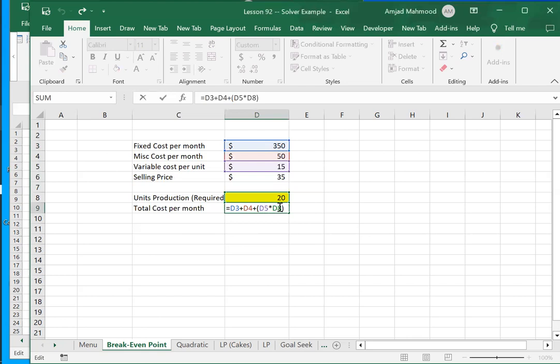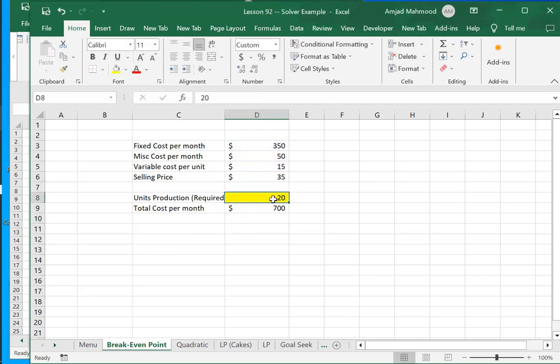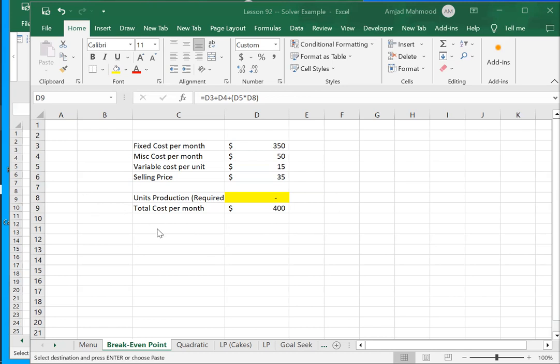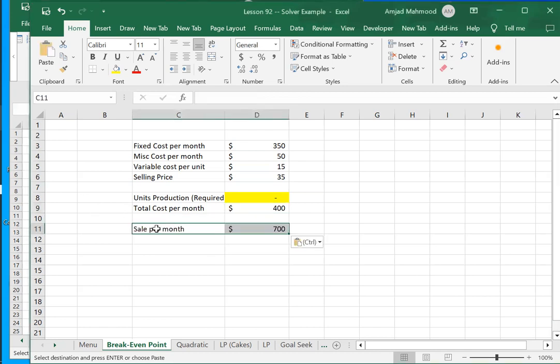So this gives you the per month cost. In the beginning, if there is no sale, your cost per month is $400, right? Okay, now let's talk about the sales per month. Since there is nothing produced, you have nothing to sell, so it is 0.